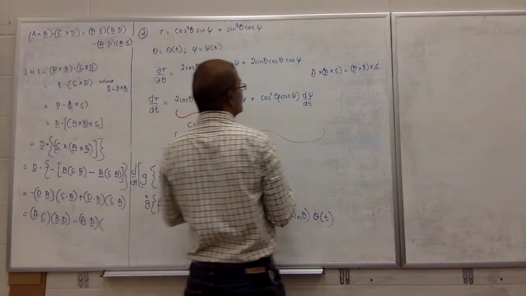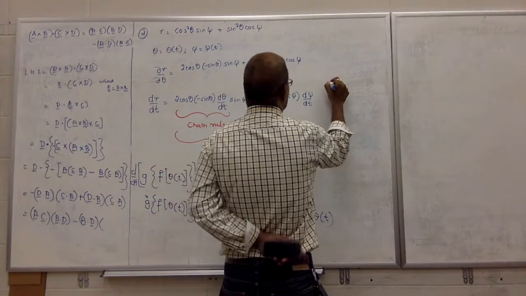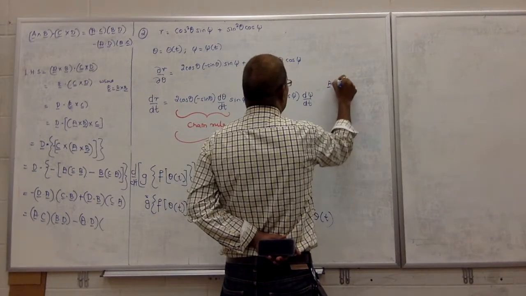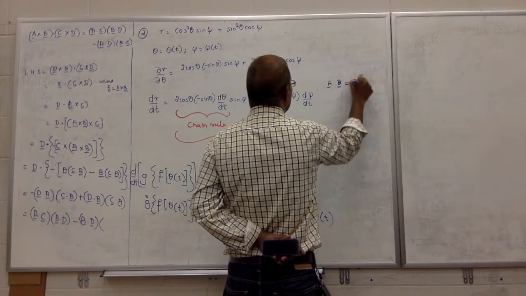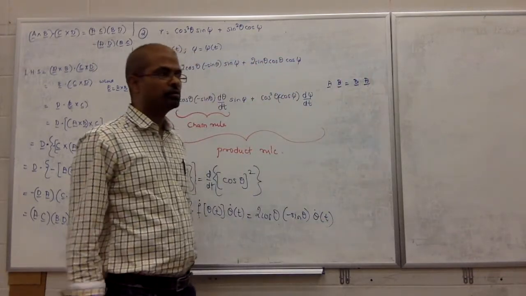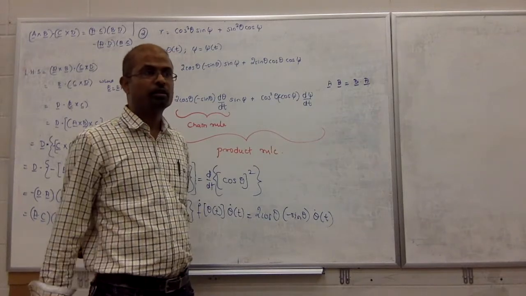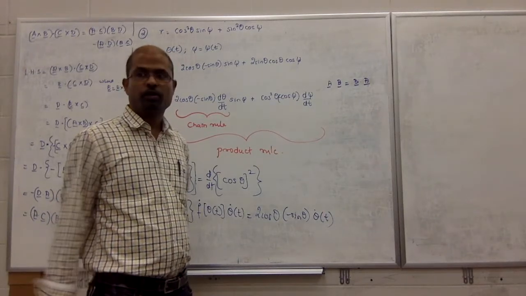Now keep this in mind, I'm not going to keep repeating this. A dot B is equal to B dot A. Dot product is commutative. You can switch it, and you don't have to worry about changing the sign.